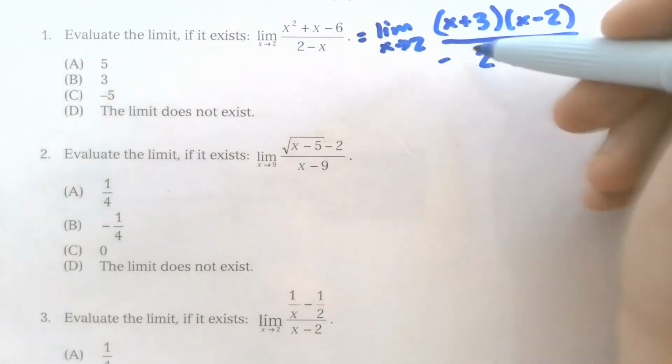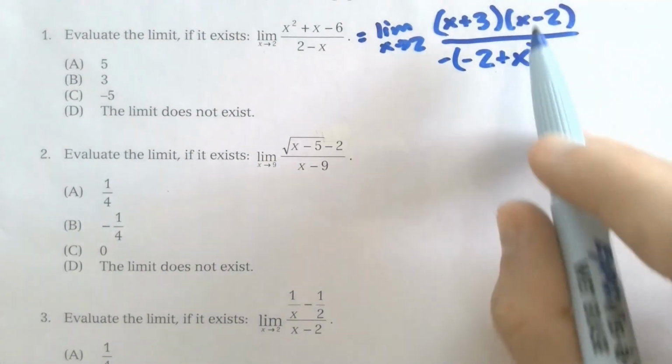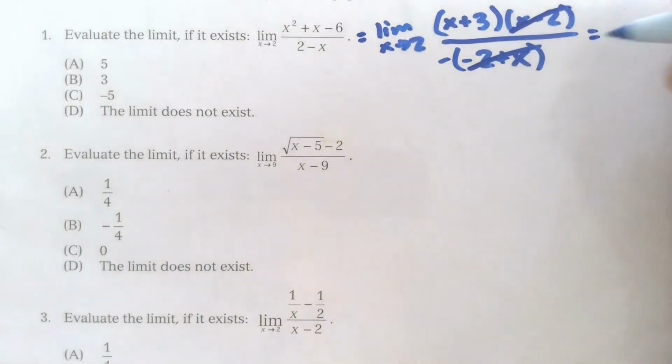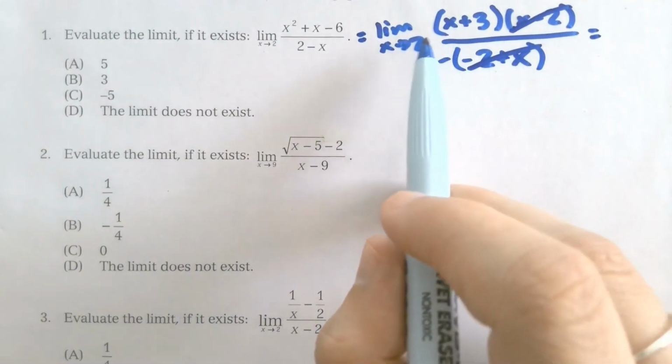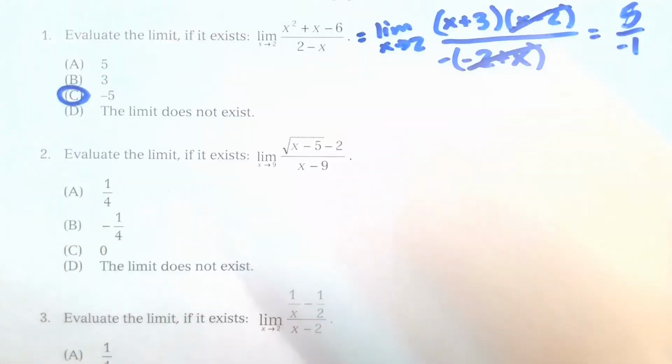So if I do factor a negative out of one of the factors, that is going to make it a positive x and a negative 2 in both. So now I can cancel my x minus 2's. And now I'm back to my original objective of plugging in that value of 2, where I'll get 5 over negative 1. So negative 5.